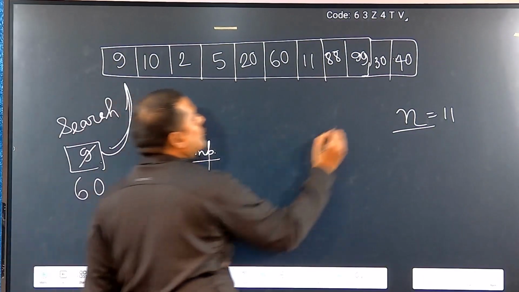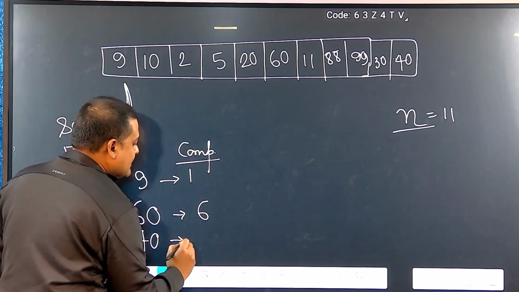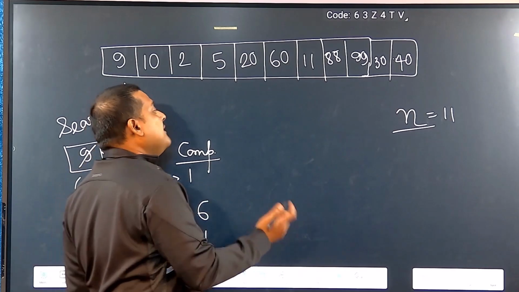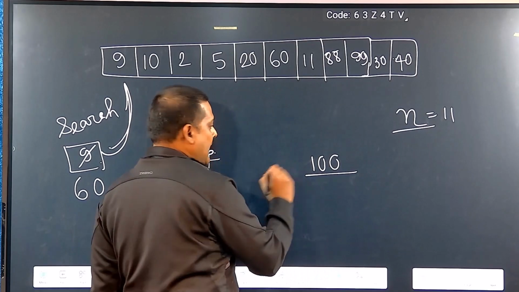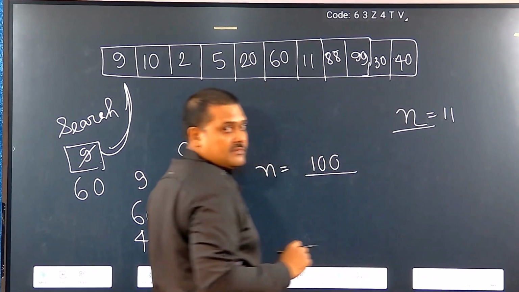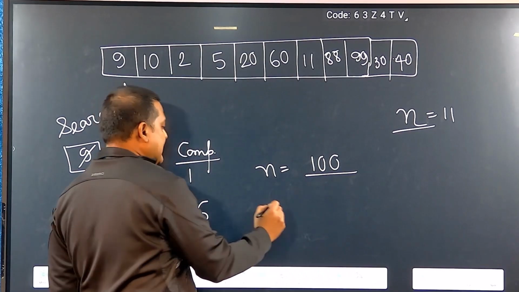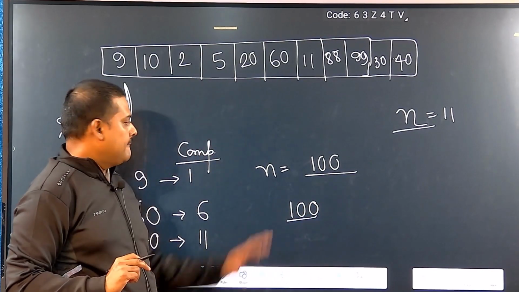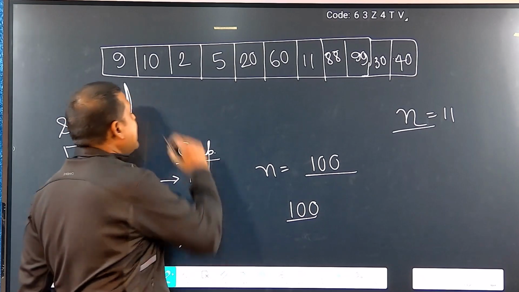If I try to search 40, how many comparisons are required? You will say 11 comparisons are required. So, if I have 100 elements, so n is 100 and the element is placed at last, then 100 comparisons are required, because whenever we are trying to search some element, we will iterate through this loop.